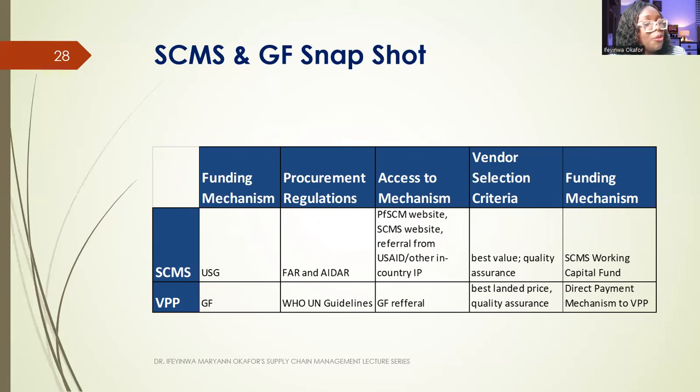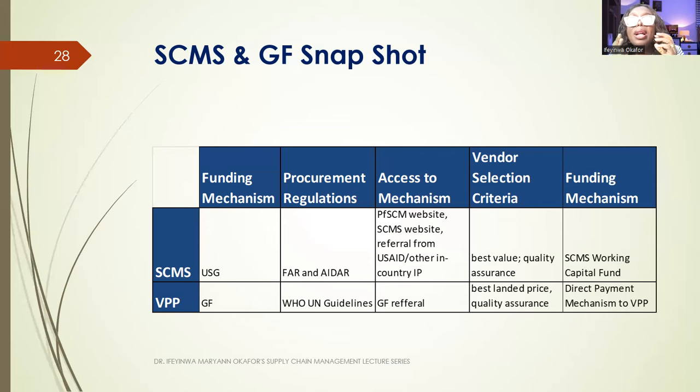FAR is the Federal Acquisition Regulation, and USAID is the United States Agency for International Development. For access to the mechanism, you can go to their website, the Partnership for Supply Chain Management website, and it can also be from a referral from USAID and other in-country personnel.